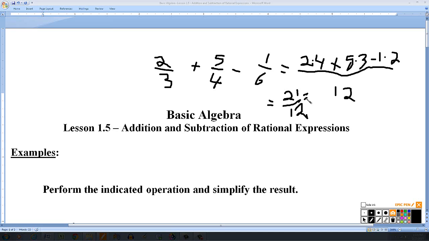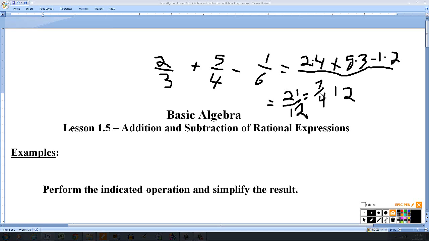The denominator factors into 3 times 2 squared. And obviously we have a factor of 3 common, so we divide out the 3, so that leaves me with 7 over 4. So we always want the answer in simplified form. And even though this is an improper fraction, I'll just leave it like that for now, but it is reduced. 7 and 4 do not have any common factors.